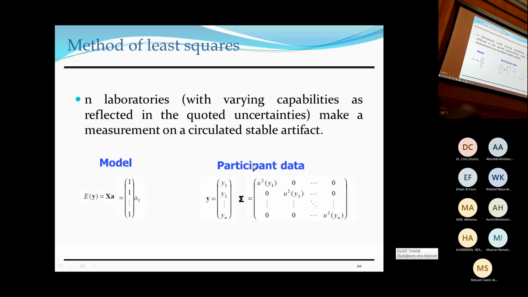So what are the data that the participants provide and that are analyzed in this scheme? It's their results and their uncertainties. These are the numbers that they determine, and these are the variances associated with the numbers that they determine. This is called the covariance matrix.